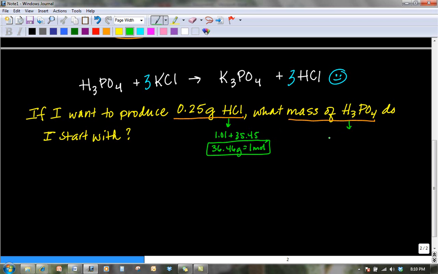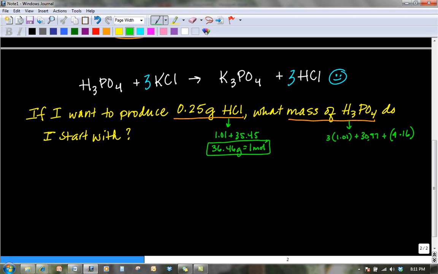Next, for H3PO4, I have 3 times 1.01 for those 3 hydrogens, plus 30.97 for phosphorus, plus 4 times 16 for the 4 oxygens.